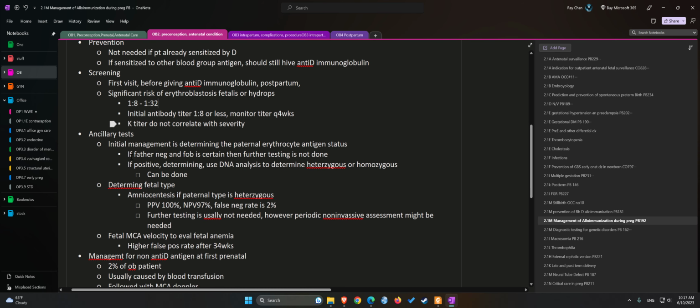Ancillary tests: initial management is determined by the first step, which is to determine the maternal erythrocyte antigen status. If the father is negative and paternity is certain, then no further testing is done.